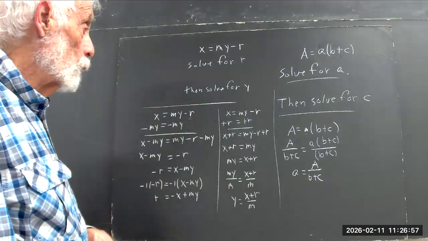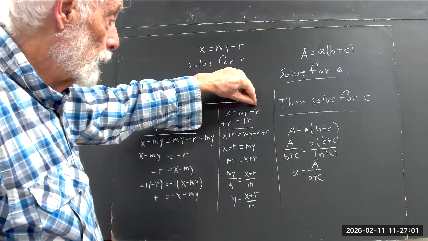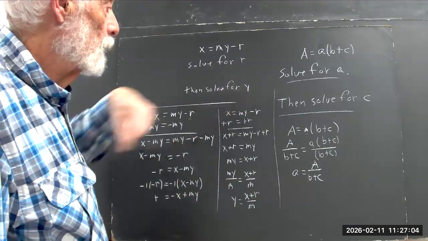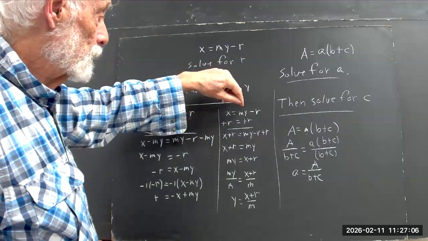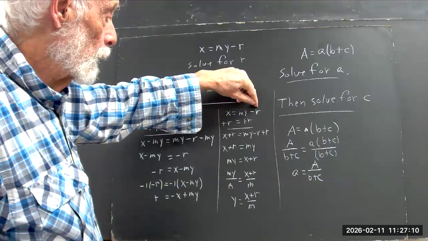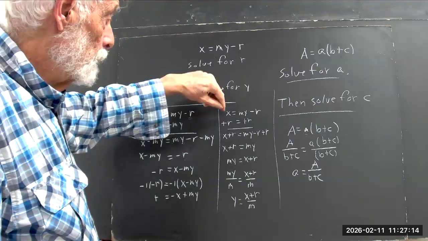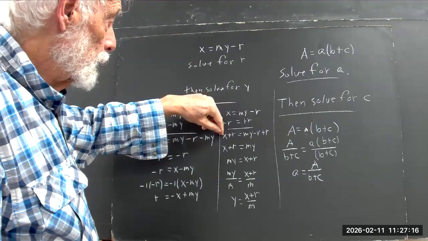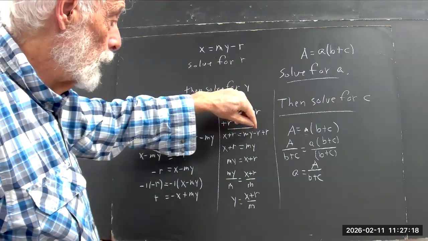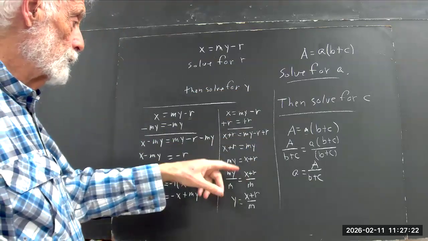Solving the same equation for y, we have, again, x equals my minus r. We add r to both sides because we want to isolate the y. If we add r to both sides, the r on the right side will go away and it'll leave us just my. So we get x plus r equals my minus r plus r, and minus r plus r is 0.